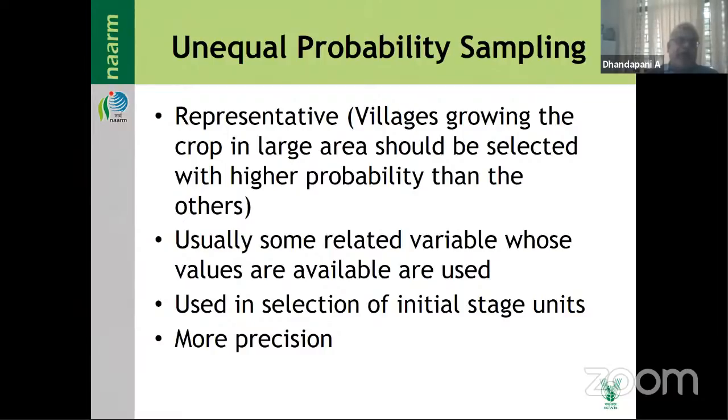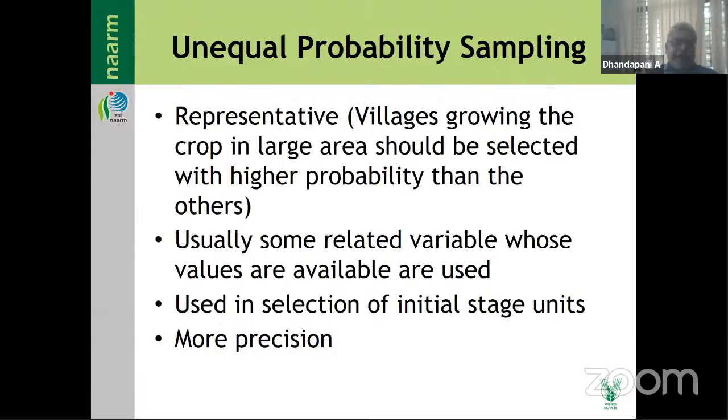What we require is that our sample should be, as many people say, a representative sample. So what do we mean by representative? If a particular village is growing that crop in a large area, then it should have a higher probability of being selected as compared to the others.